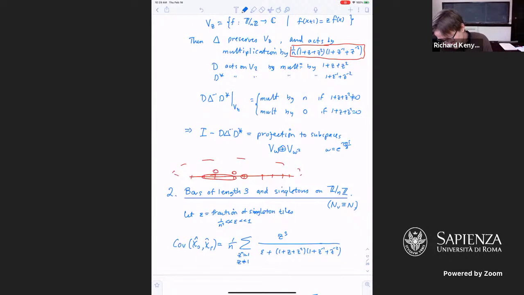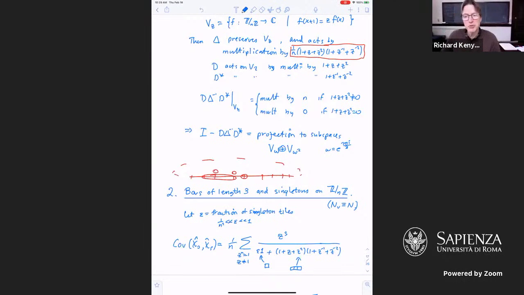Then it looks like this. It's again given by the Fourier coefficients of a certain function, and here the function has the same denominator as before, 1 plus z squared times 1 plus 1 over z plus 1 over z squared plus epsilon, and you can think of this as epsilon times 1, where 1 corresponds to the singleton tile, and this term corresponds to the tiles of length 3.